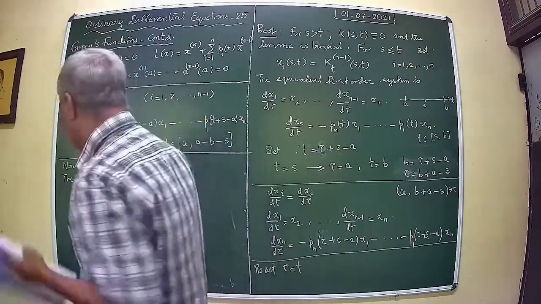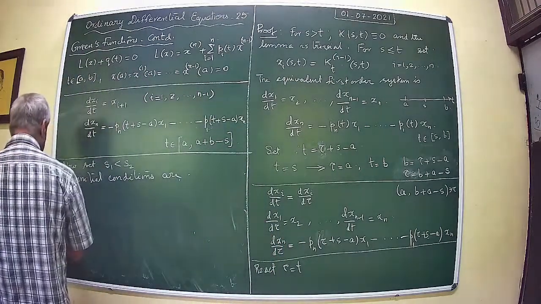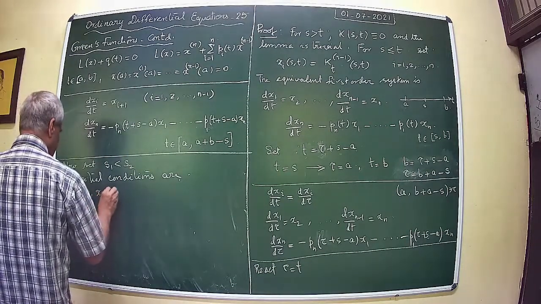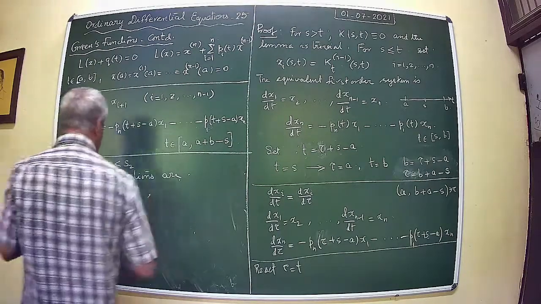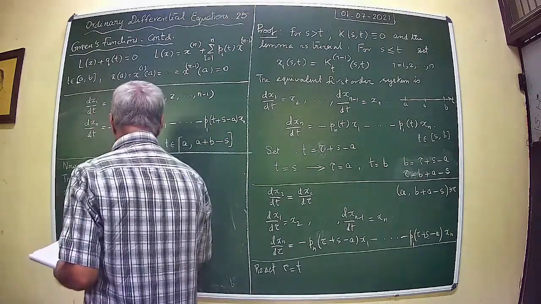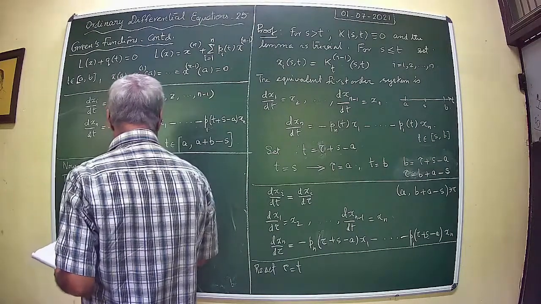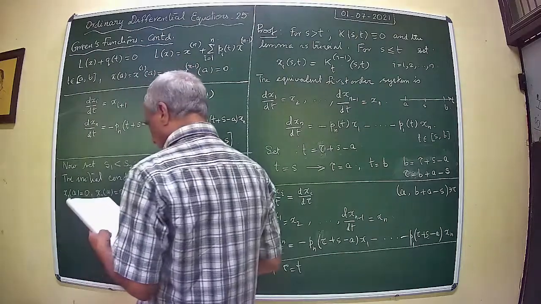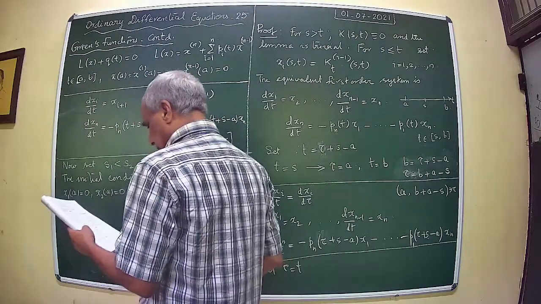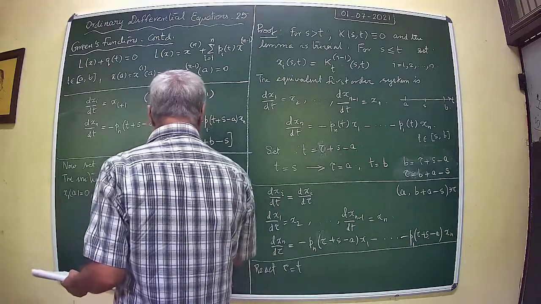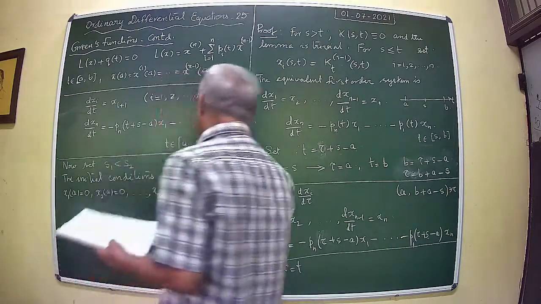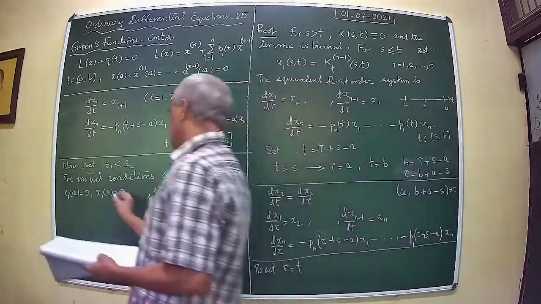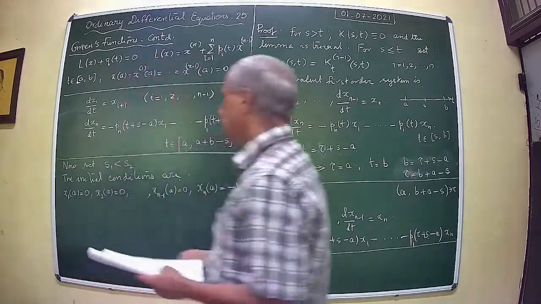So XiA and XnA, that is you set t equal to A. Then this is the initial value problem that we are considering.